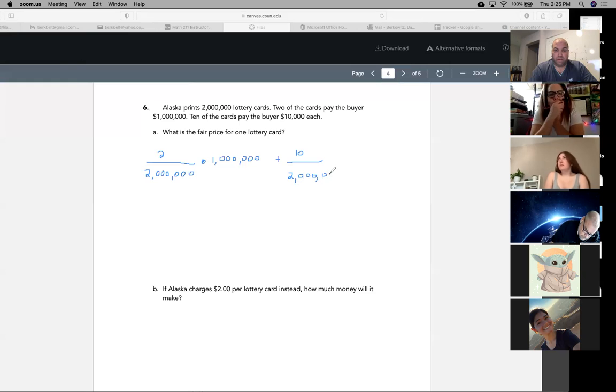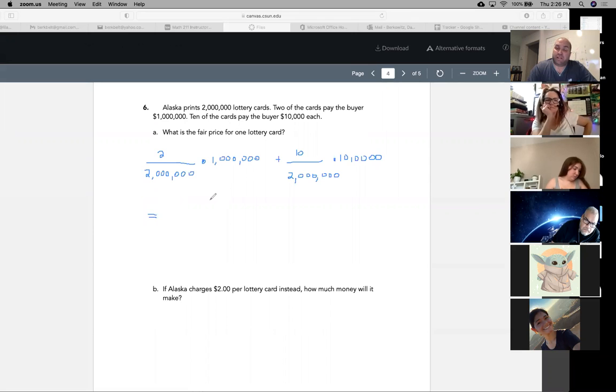So the probability of winning 10,000 is 10 over 2 million times the amount, which is itself 10,000. So this is the payoff.